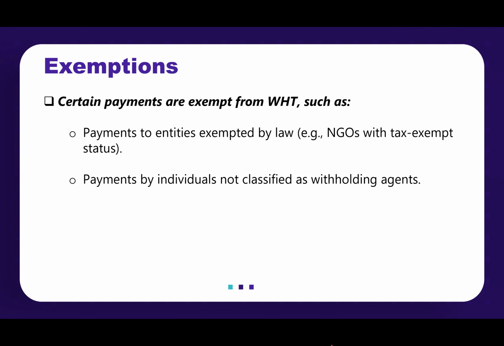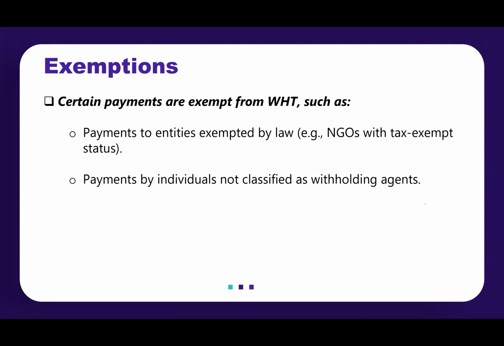You see that? They will withhold and keep quiet. They will not tell URA and they will take that money. So that is cheating you. If you're supposed to get 10 million, someone takes 1.5. That is, he has cheated you. So payments by individuals not classified as withholding agents are not supposed to be deducted.